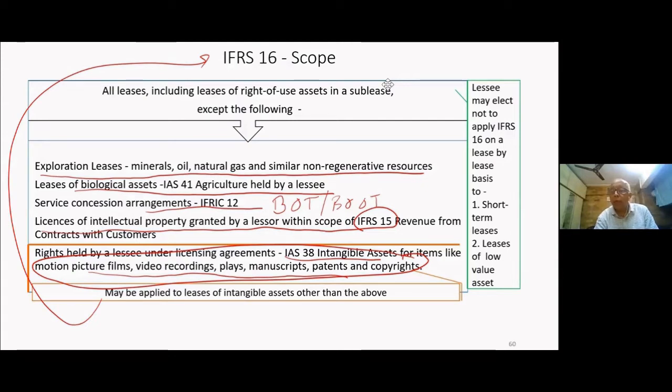Then a very important point where questions are asked: IFRS 16 one may not apply if it is a short-term lease or low value asset. Let me give you an example.